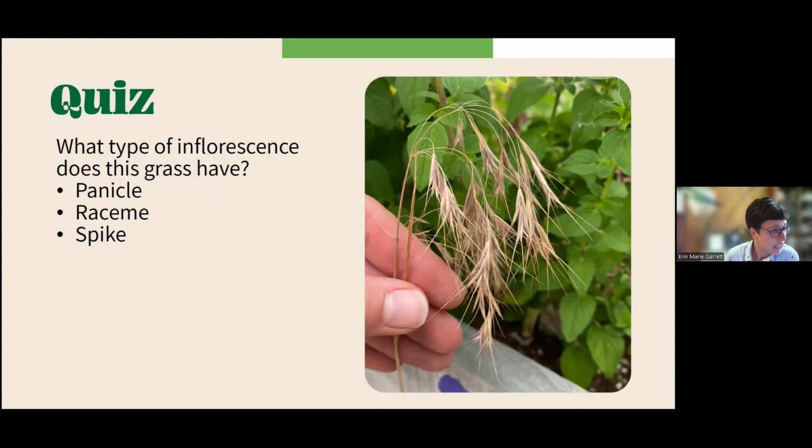All right, lots of answers getting entered in. I can tell it's day 3. We're doing excellent. Most of us are saying panicle, and yes, that would be correct. This one's a little tricky because everything's kind of curved to one side. But yes, we would consider this to be a panicle with branches here. Okay, this is cheatgrass. We're going to look at that one today.